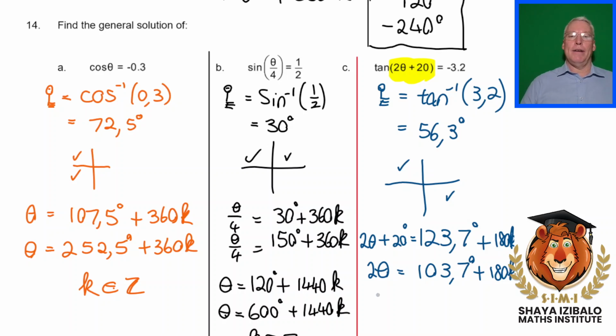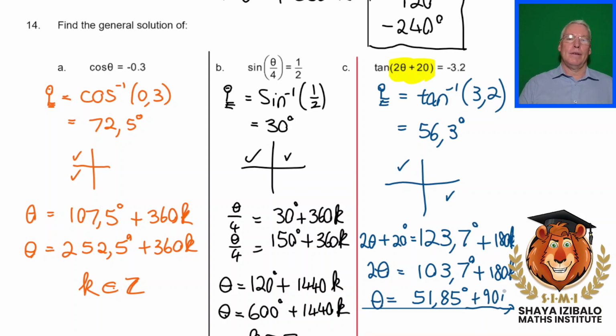Now we divide everything through by 2 and we get 51,85 degrees plus 90k. And remember, k must be an element of z.